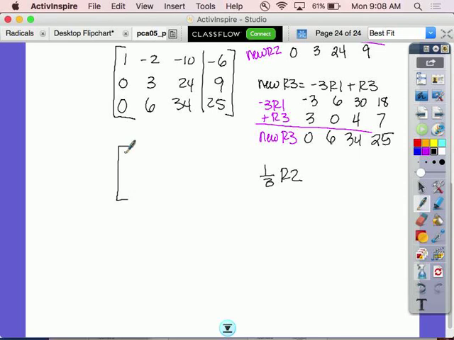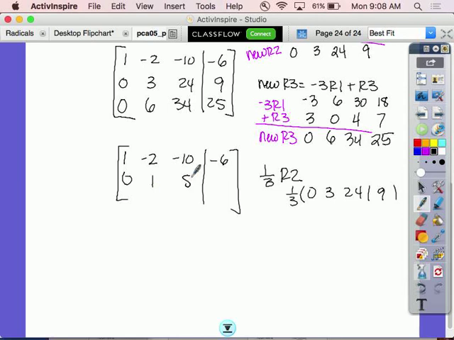So I'm going to keep 1, -2, -10, -6. But I'm going to multiply row 2 by 1/3. Well, that'll be 1/3 times 0, 3, 24, 9. So that'll be 0, 1, 8, 3.